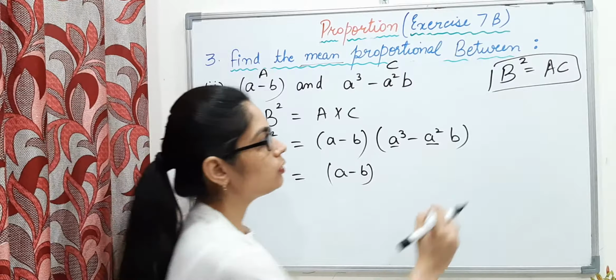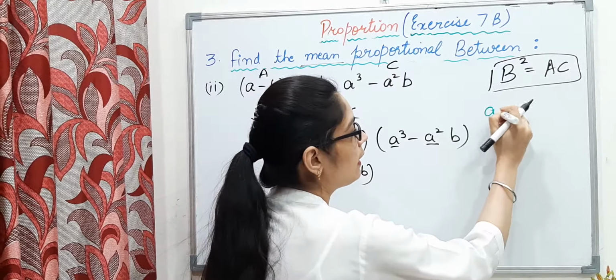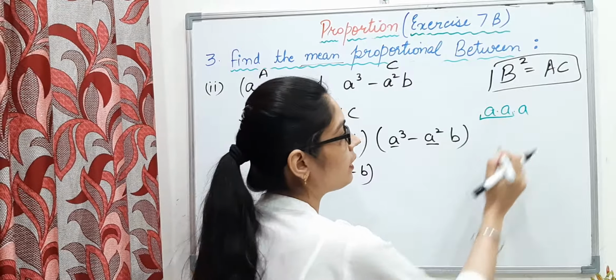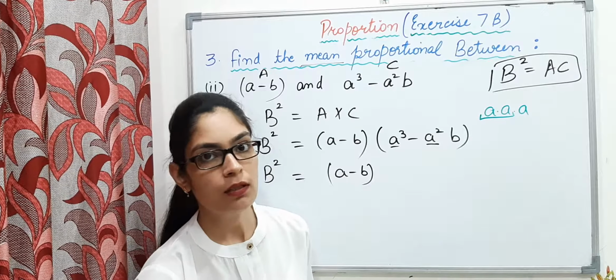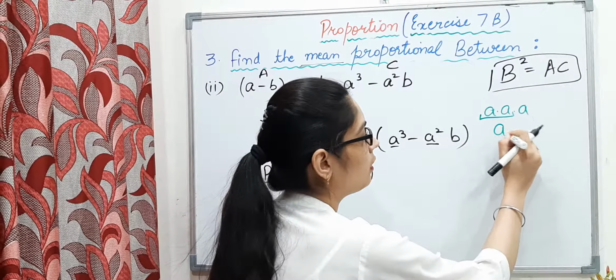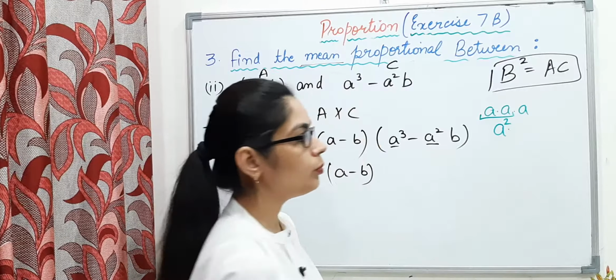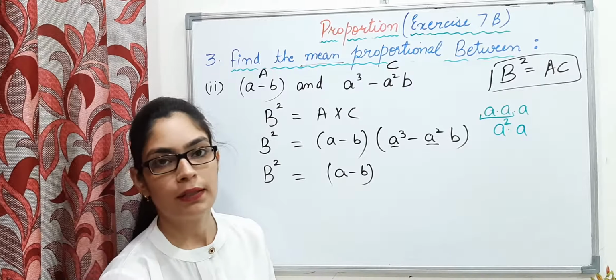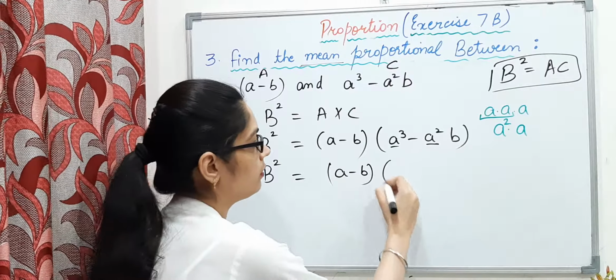Like a cube, we know a cube is a into a into a. When we multiply the same number with itself, it becomes a square. This a cube is a square into a, and here this is a square into b. So I will just write it in this way.